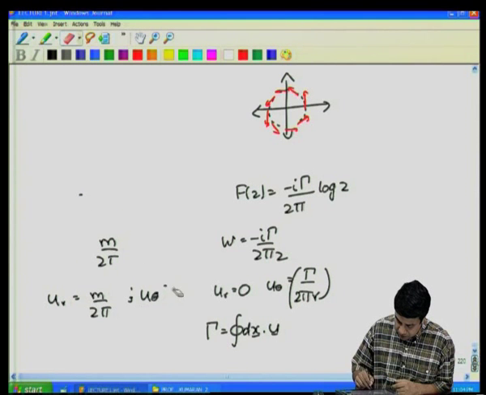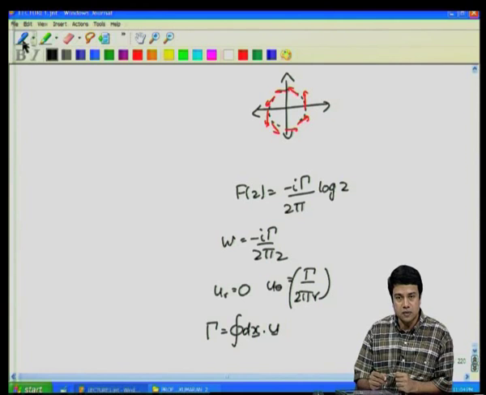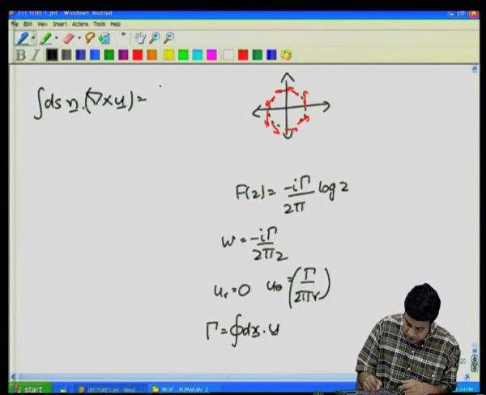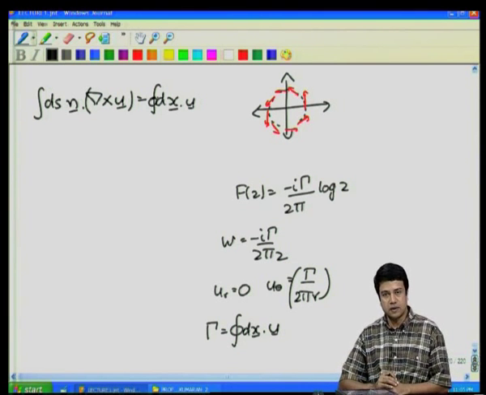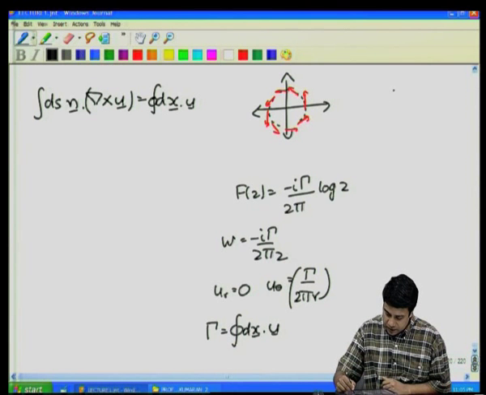Let me just reiterate that one more time, okay, before we proceed to a more complicated velocity profile. The Stokes theorem states that the integral over a surface of n dot del cross u is equal to the integral over a line of dx dot u. Okay. This line is over a closed loop. The figure for that is as follows.